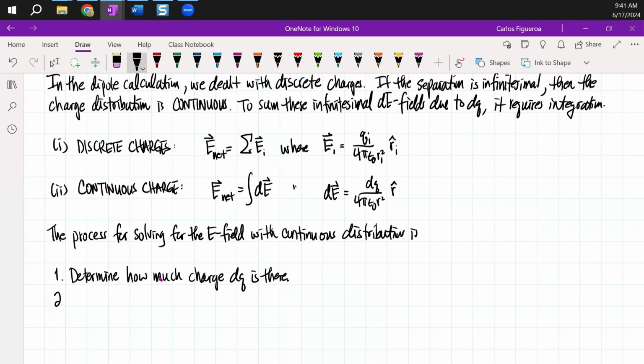Two, we have to determine the displacement vector.